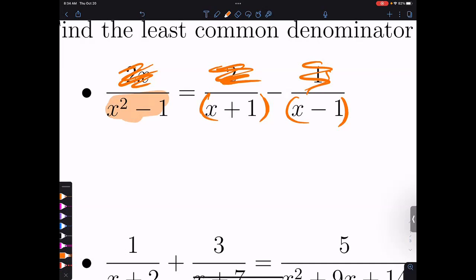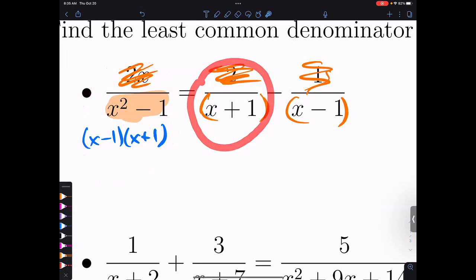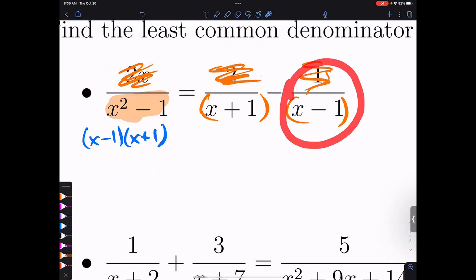Can you find things that multiply to -1 and add to 0? -1 plus 1 will work, right? Okay, so one of the terms, the denominator is x minus 1 times x plus 1. This term, the denominator is x plus 1. This term, it's x minus 1.